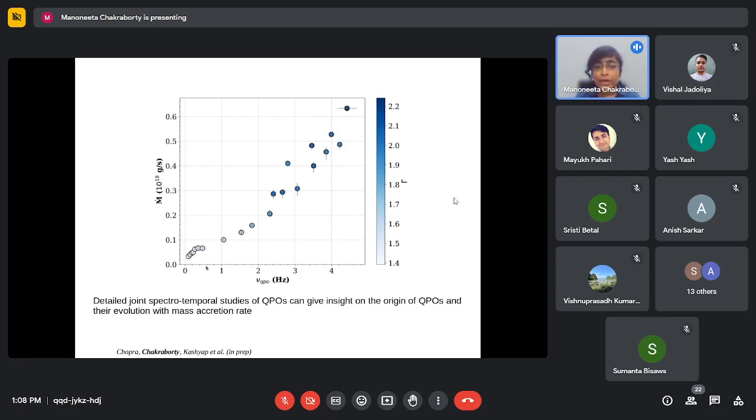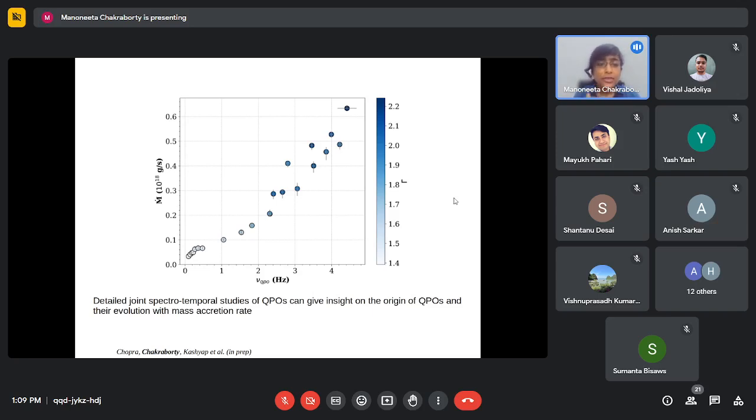And they show a very one-to-one correlation, meaning the frequency at which this repetitive behavior, the variability, will be triggered is basically dependent on the way mass is being accreted through the disk onto the black hole.